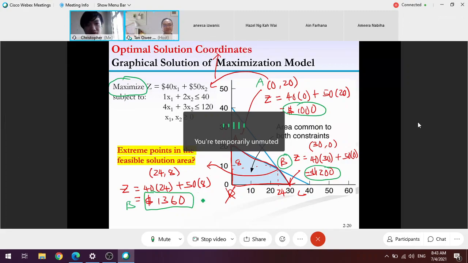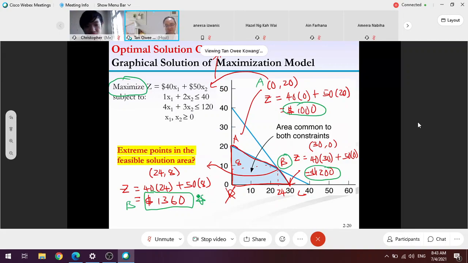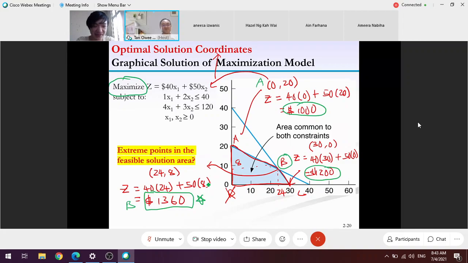B. So what does it mean? B is the solution. So what is the solution? The solution is B. No, this is a common mistake students make in exams and tests. You calculate 1000, 1200, 1360, then you stop there. No, you need to explain the basic solution. What's the basic solution?